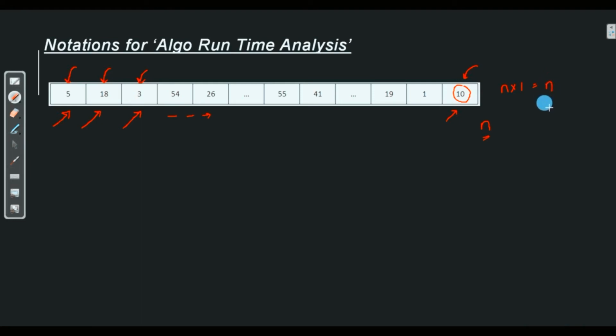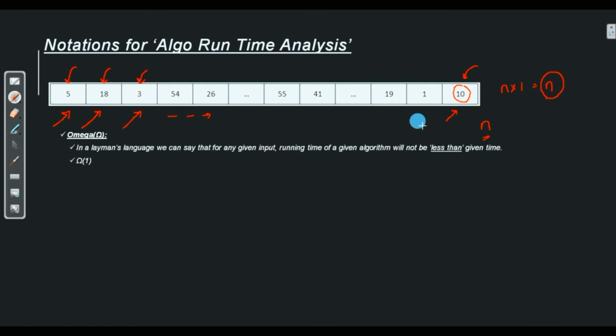Now let's see how we can denote this in terms of notations. Let's say we want to represent the time taken by our algorithm to search number 10 in this array in terms of omega. So what we'll say? We'll say it will take omega of 1.